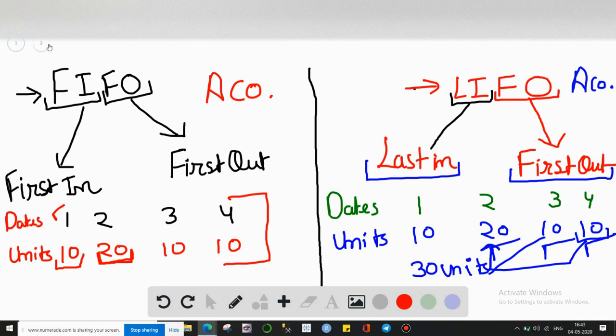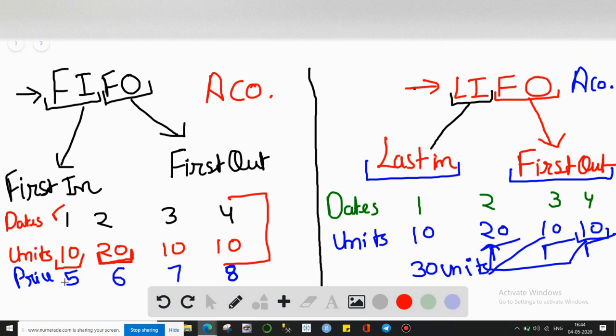So in case of inflation, we are considering the inflationary time in FIFO method. Inflation time will imply that price will be rising. Like let's say the price on date 1 is $5 per unit. Now the price is rising: $6 per unit, $7 per unit, and $8 per unit. Now what happens in case of FIFO method?